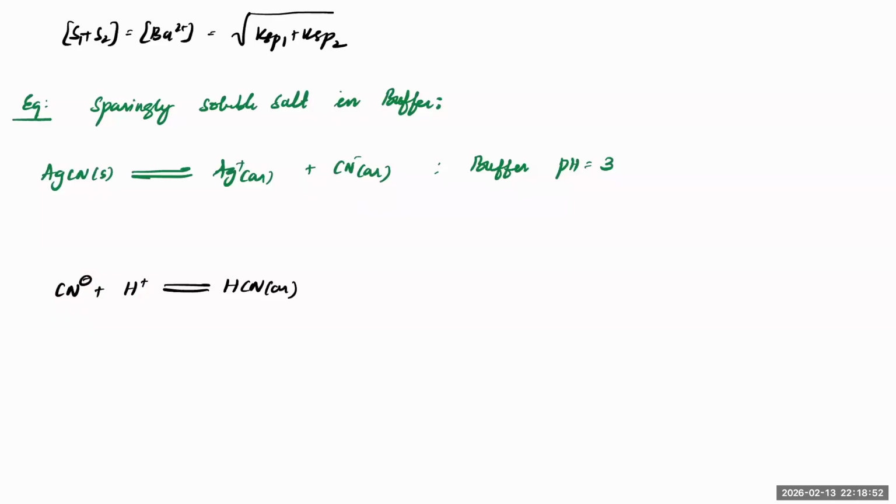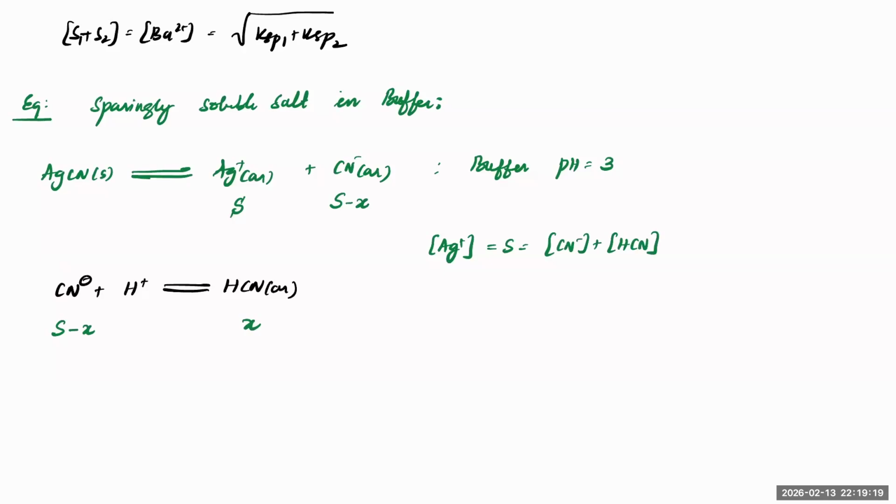Now please check this out. Suppose the concentration of Ag+ is S, which is the solubility, then CN- will be S minus some x amount, and HCN will be x amount. So from here I can say that the Ag+ concentration, which is S, should be equal to the CN- concentration plus HCN concentration.